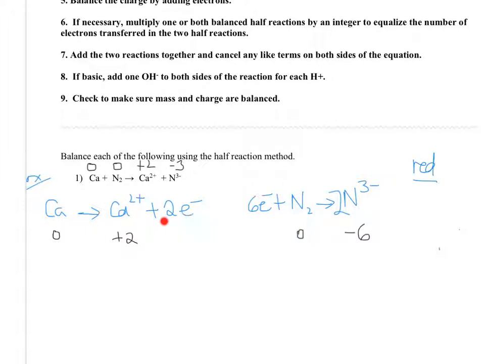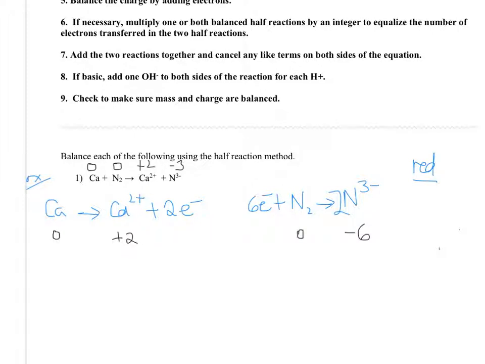So for oxidation, it's always going to be on the product side. Reduction is gain of electrons, so it's always going to be on the reactant side. But even if you didn't assign oxidation or reduction, you should always have one in the products, one in the reactants. If you are adding the electrons in both reactions to the reactants or both to the products, that means you've done something wrong, so go back and check your work.